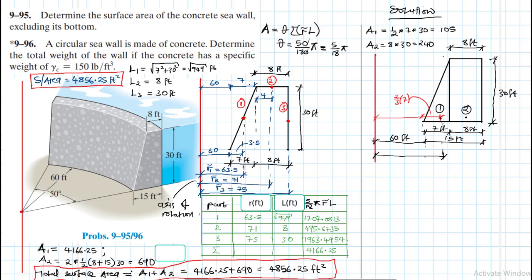Therefore, our R1 is going to be equal to 2/3 of 7 plus 60, which gives us 64.6666, so we can write 64.67. So that's one centroid location.